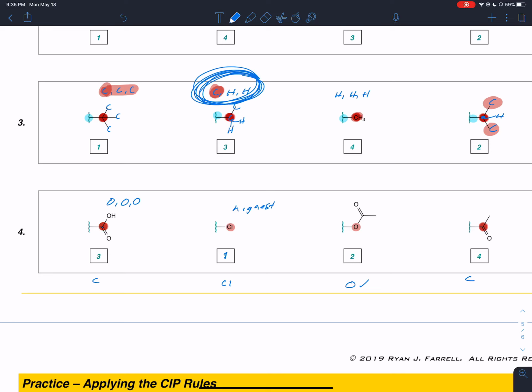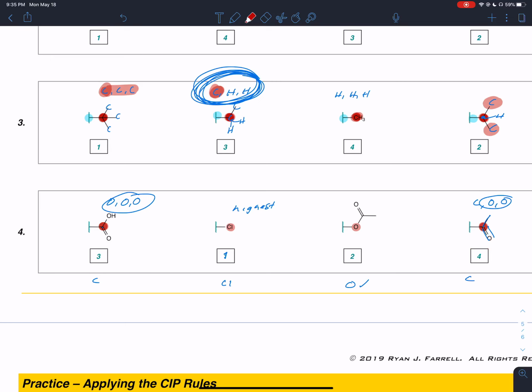The one on the far right here has a connection point to a carbon, an oxygen, and an oxygen. We give the double bond single bond equivalences. And 3 oxygens beats 2 oxygens. Remember, they tie on atomic number technically, but the number of those atoms is now consequential, and we give the one on the far left a higher priority than this group.